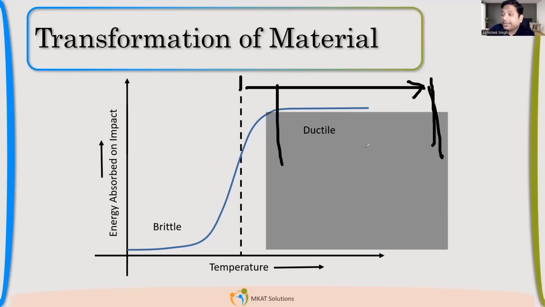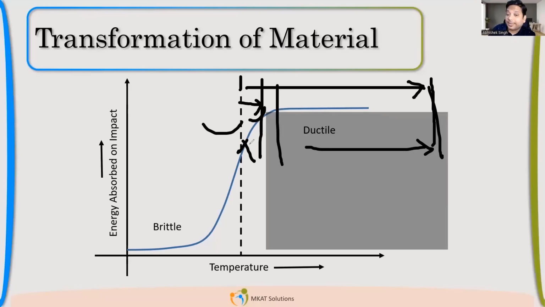Because I have got an indication that I'm very far, I don't have to be worried about that. If I'm very close, then I may have to perform impact testing and actually see whether I'm on this side or that side.